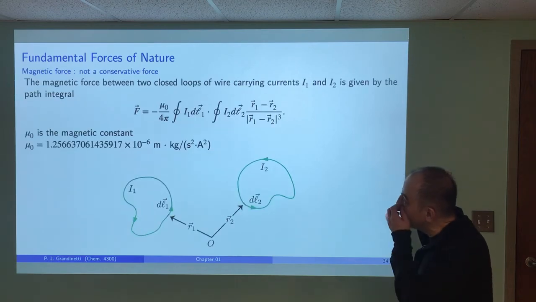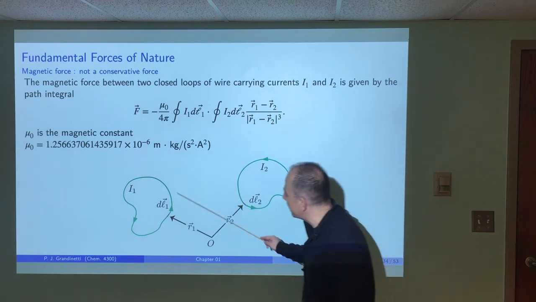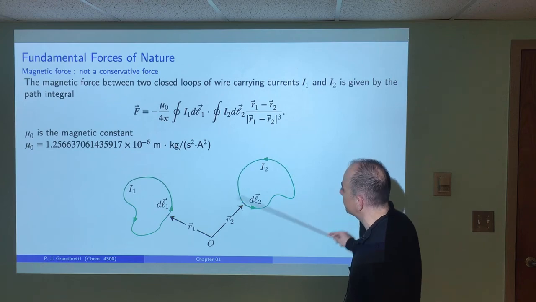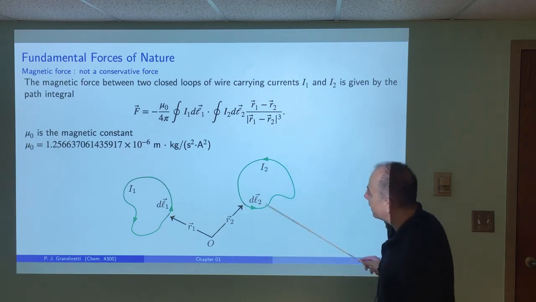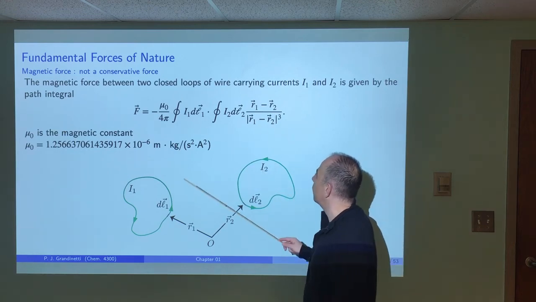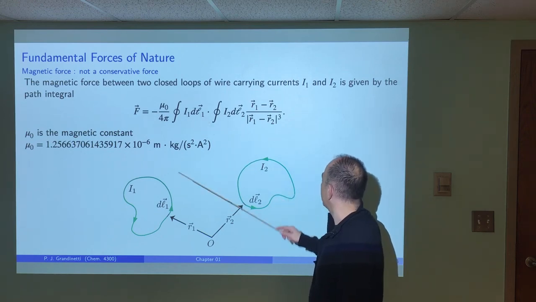And then just for completeness, we'll write down the magnetic force. This is the force between, say, two loops of wire carrying currents. So if there are currents flowing in these two loops of wire, then there'll be a magnetic force between them, and you can calculate that magnetic force through this expression here. Now this is a little more challenging to evaluate, but generally it's understood relatively easily.